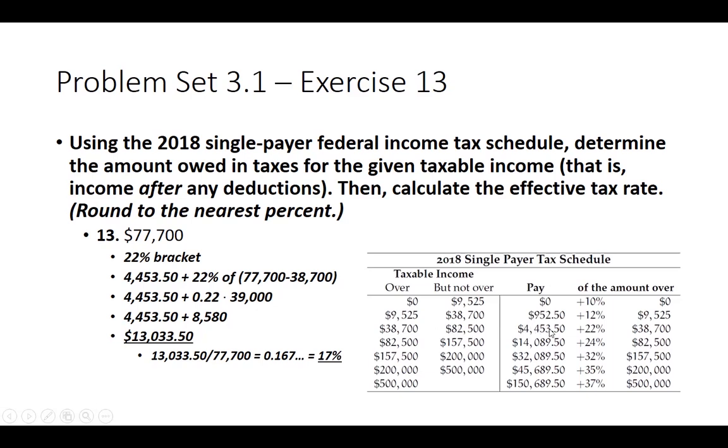We pay $4,453.50 plus 22% of the amount over 38,700. So to find the amount over 38,700, we would subtract it from 77,700, and 77,700 minus 38,700 is 39,000.